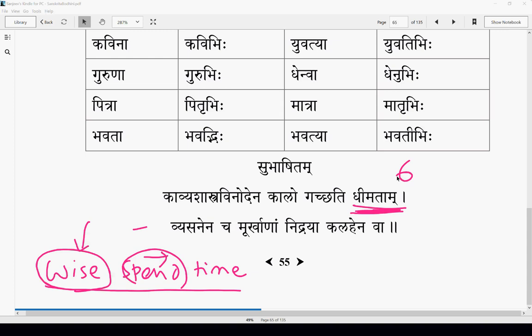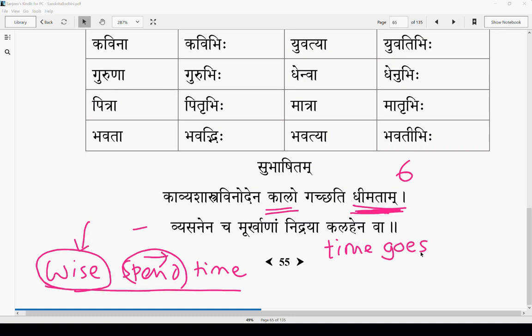So this is not Prathama, right? So this is not a subject. It is time is spent by. Time is the first case. Kalaha. Kalaha gacchati. Time goes. Time is spent. Okay. Is spent again karmani.